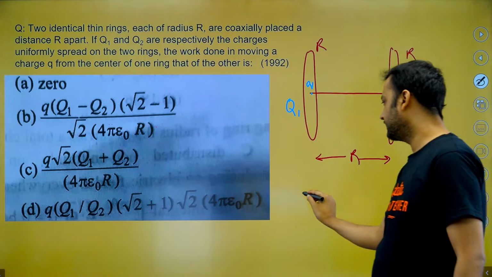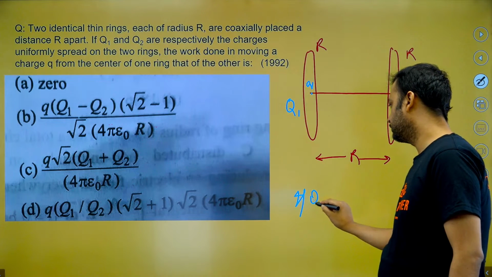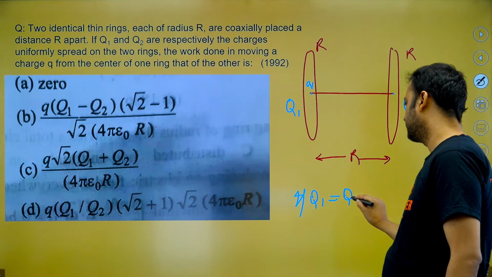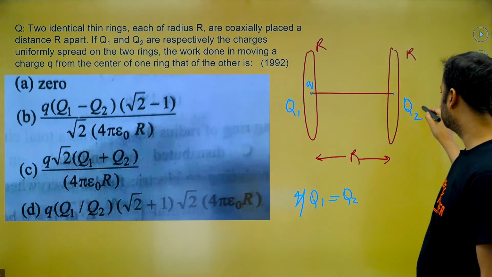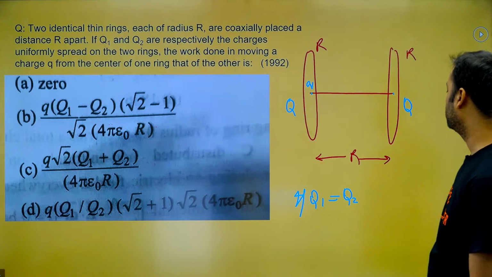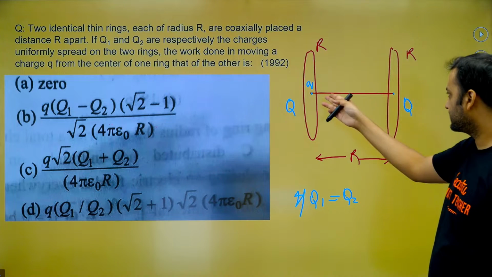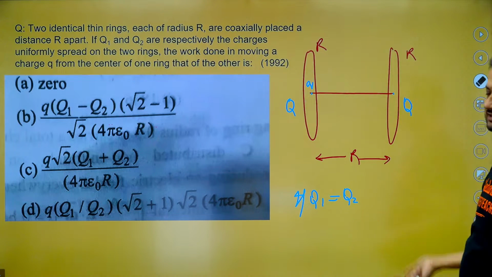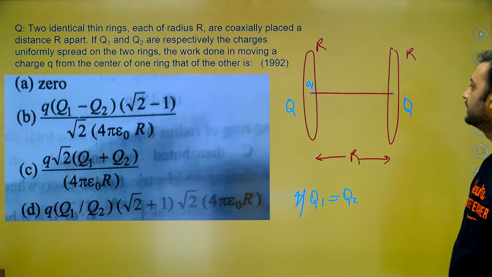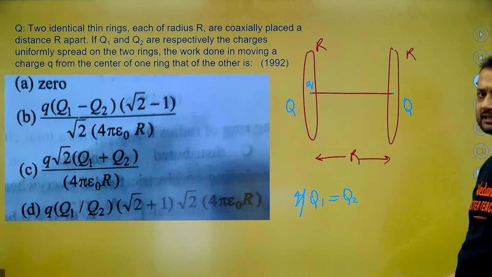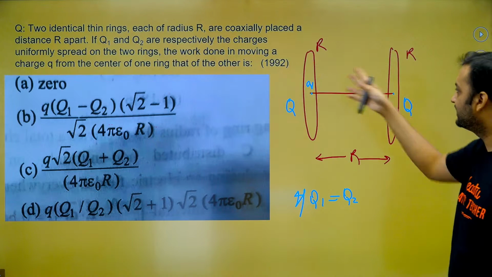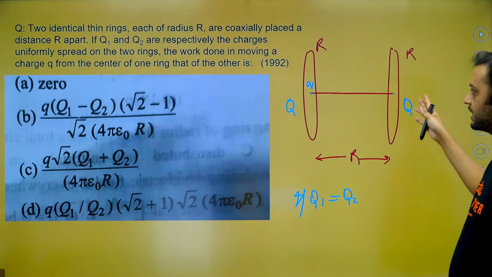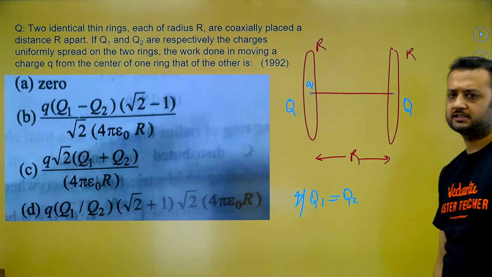If I assume Q1 equals Q2, then whether you place the charge here or here, it is irrelevant, because the situation will be exactly identical. Both the rings have got the same charge, so there will be absolutely no change in the energy.